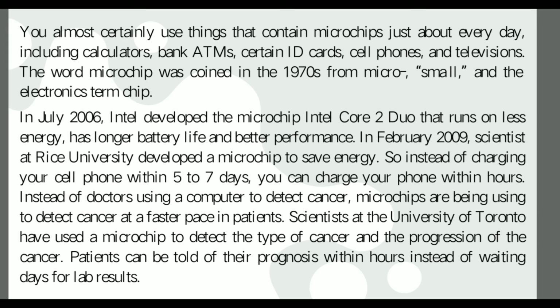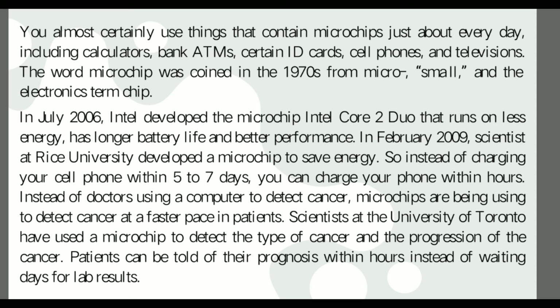You almost certainly use things that contain microchips just about every day, including calculators, bank ATMs, certain ID cards, cell phones, and televisions. The word microchip was coined in the 1970s from micro, small, and the electronic DRAM chips.